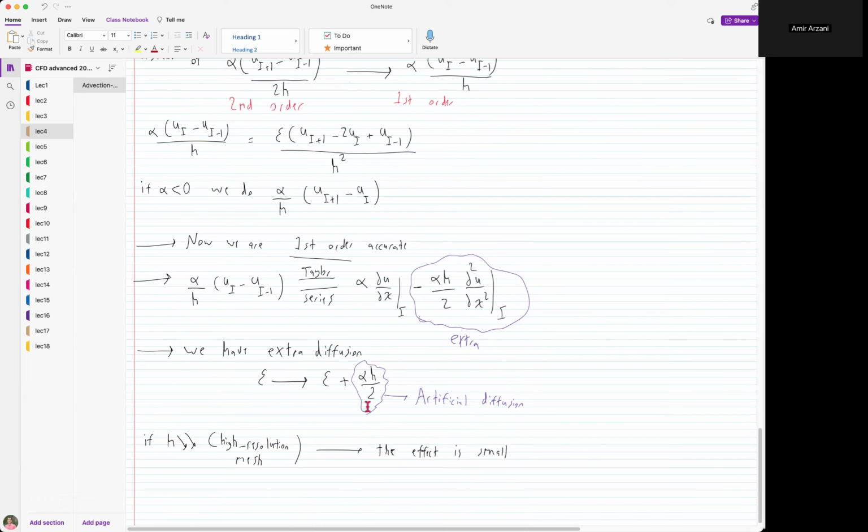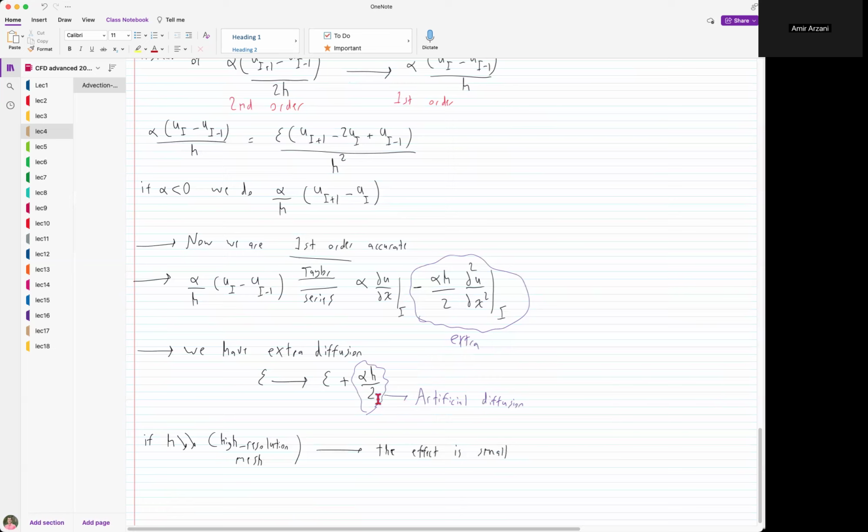So that is good. Now, another thing you see that's also good is that this artificial diffusion scales with alpha. Remember, alpha was your velocity. So, for example, if you take a problem where your velocity is varying, or is time dependent, as your velocity becomes smaller and smaller, you probably don't need artificial diffusion as much anymore, because your Peclet number is becoming smaller, diffusion is starting to play a bigger role, and advection is becoming less important.